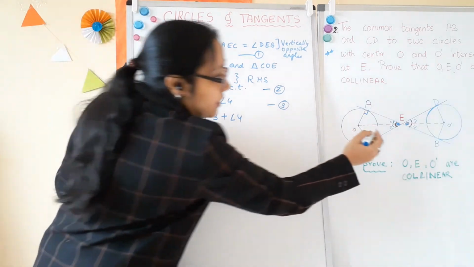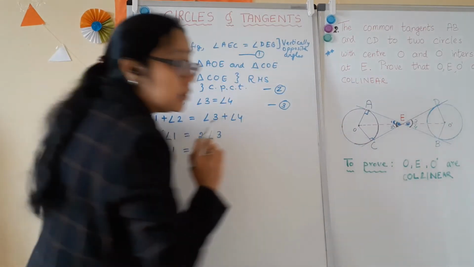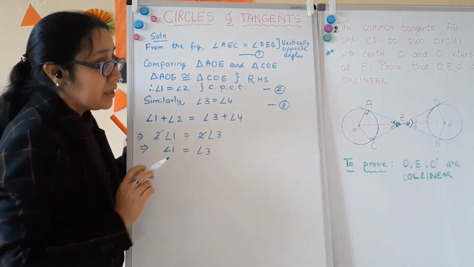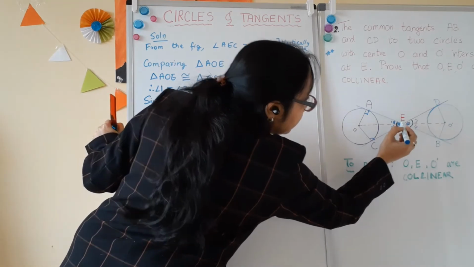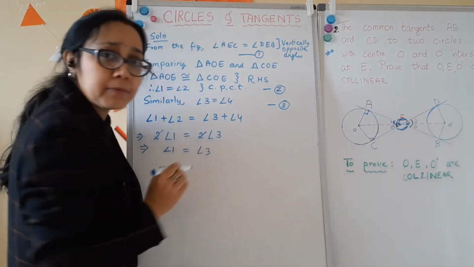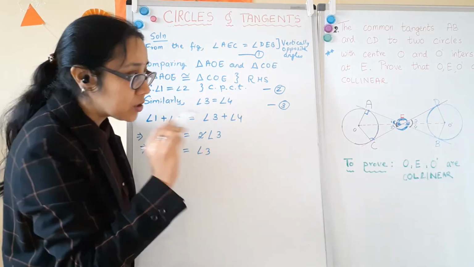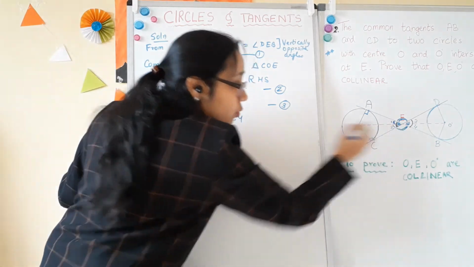Now, see here. We have found that this angle is equal to this angle. Okay. Now, how can you prove? This angle E, if you check this angle versus this angle, these are also vertically opposite angles. So we can write these two angles will also be equal.